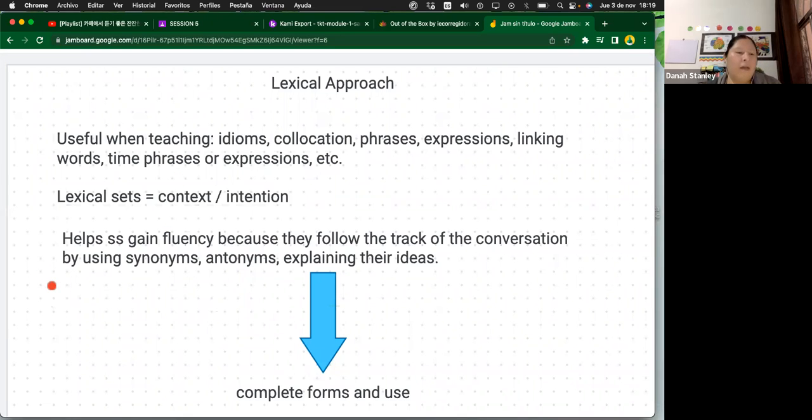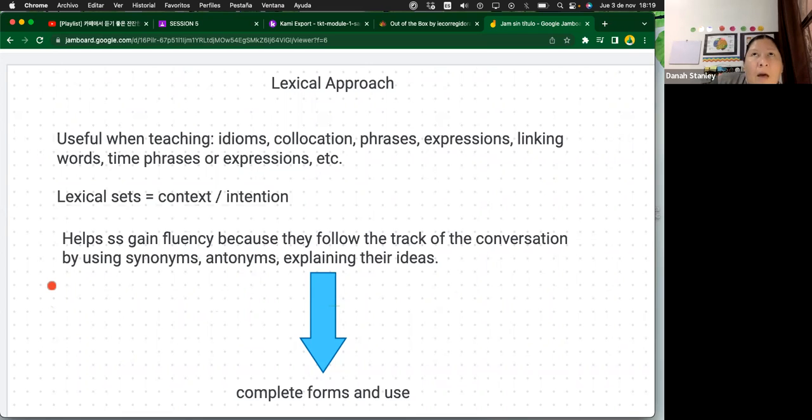So as we said before, if you know a lot of grammar, if you know a lot of vocabulary, doesn't mean that you may be able to communicate correctly or fluently.